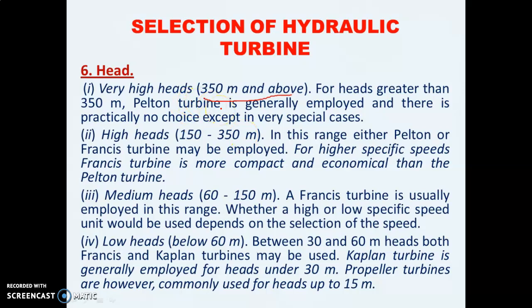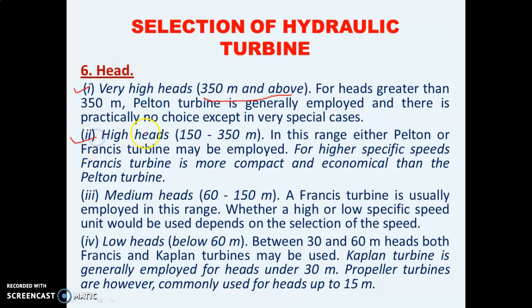We know that Pelton turbine is an impulse type of turbine, and impulse turbines are used for high heads and low discharge. In cases of height above 350 meter, only Pelton turbine is used. There is practically no other choice except in very special cases.